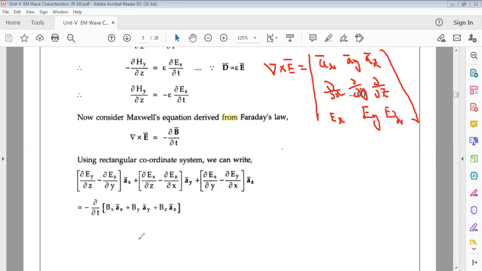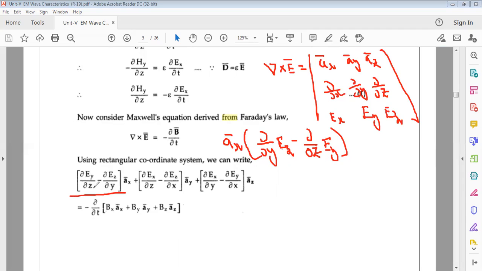Okay, I can find the first term, the ax bar coefficient, for these four functions: dou by dou y into ez, minus dou by dou z of ey. See, the same function we got here, the first term, dou by dou z ey minus dou ez by dou y.